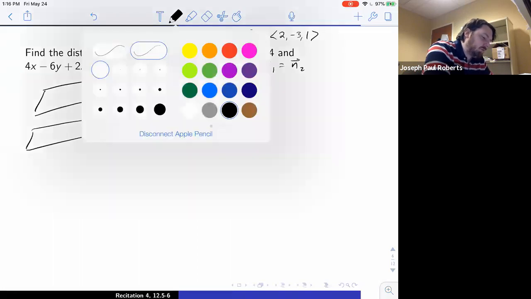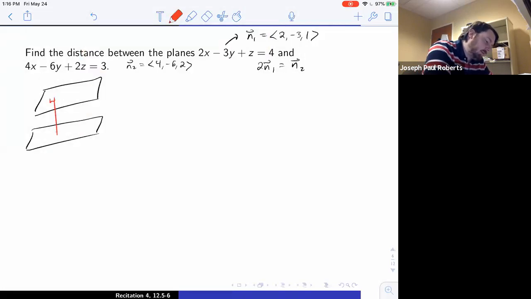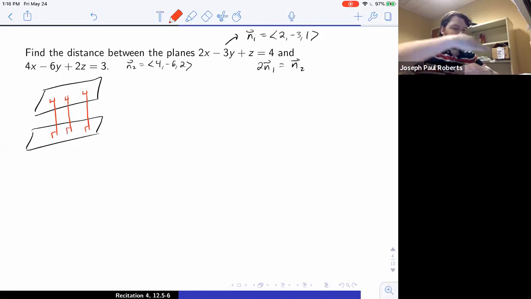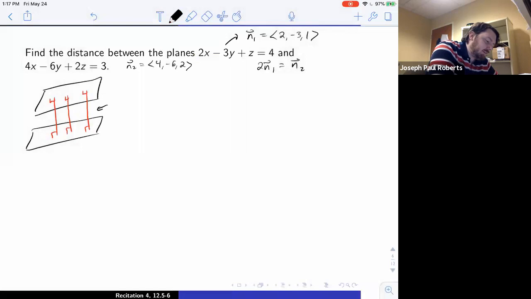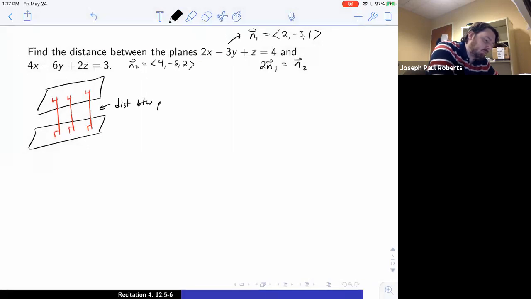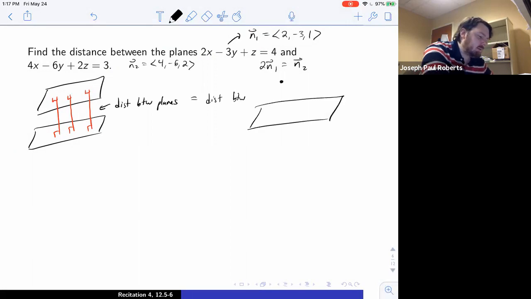And so the distance we're after is this distance here, and it's the same, right? That's the whole situation with parallel planes, is that that separation remains constant. And so actually what you could do is say that this distance is the distance between any point on the first plane and the second plane.